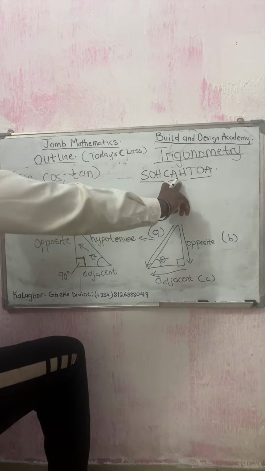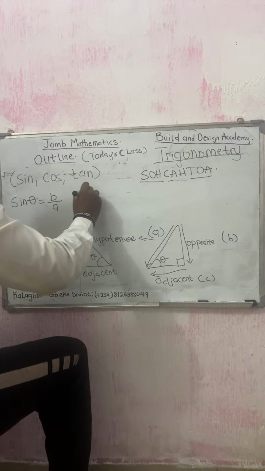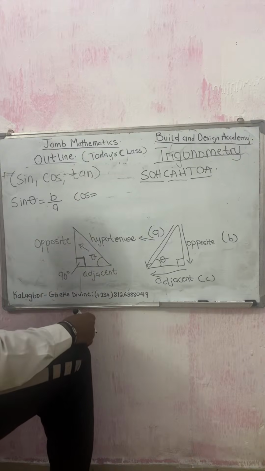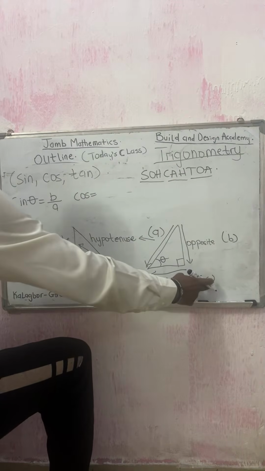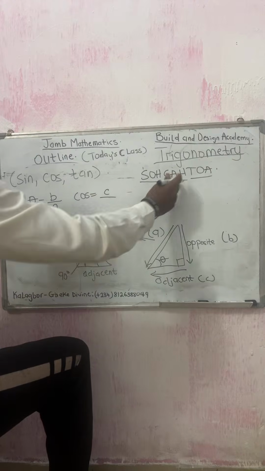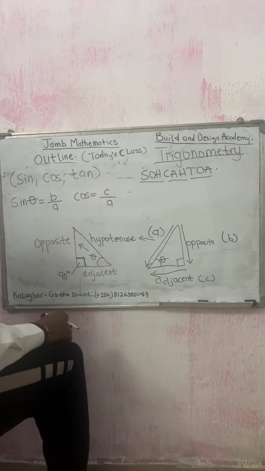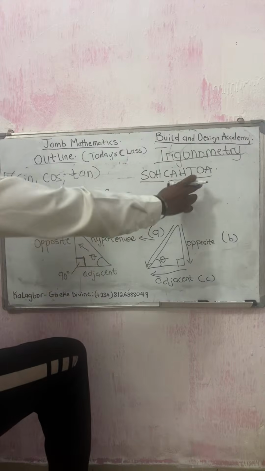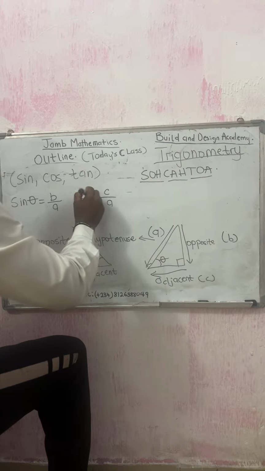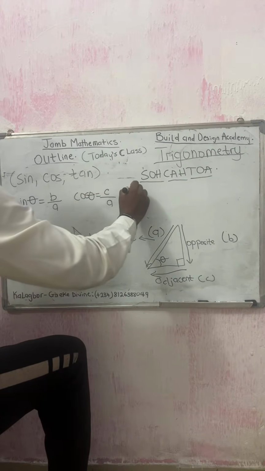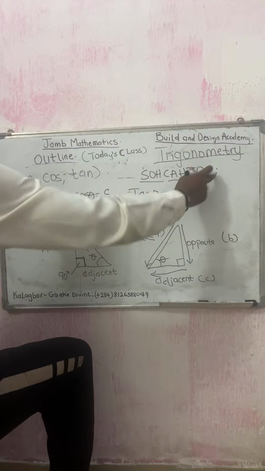Then let's move to the other part, CAH. CAH is to find cos theta. Cos theta is simply adjacent over hypotenuse. Our adjacent we say is C, and our hypotenuse is A. So cos theta will be C over A. Next one is tan theta. TOA is opposite over adjacent.